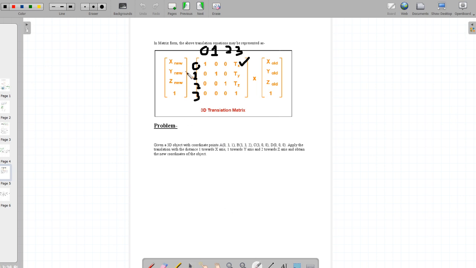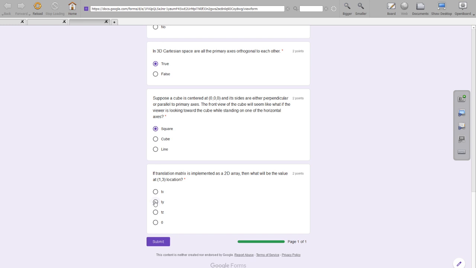Now it is asking for the value at location 1 3. That means we use another color. It is asking for this value, ty. You can see that at 1 3 location the value is ty. So this is the correct answer.